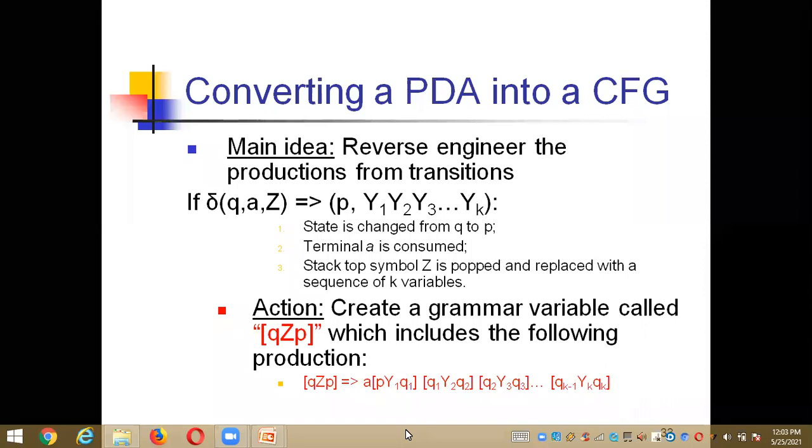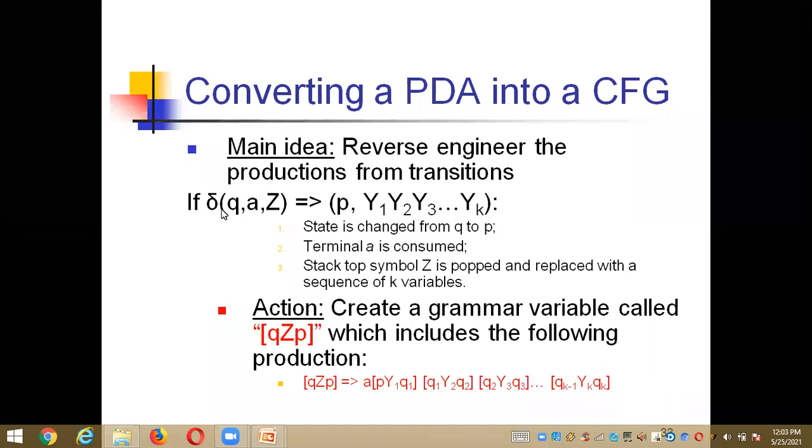Before that, you need to know the idea, and the action that we are taking here. The main idea is that we are doing a reverse engineering procedure. That means we are reverse engineering the productions from the transitions.